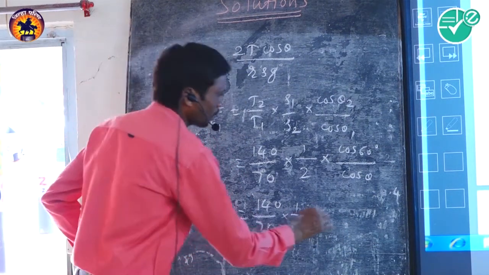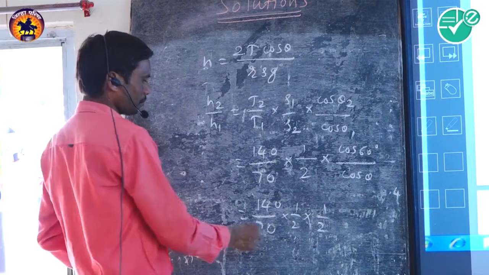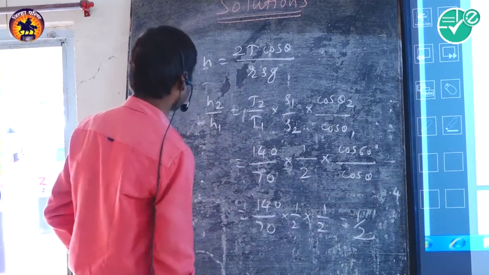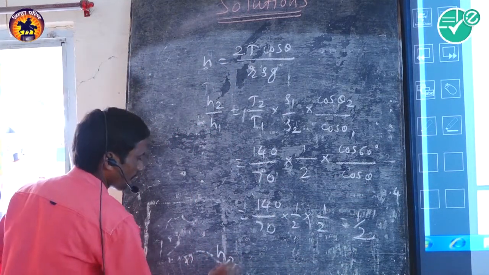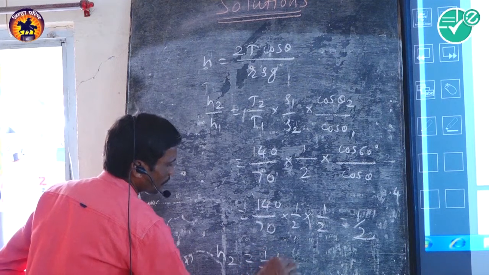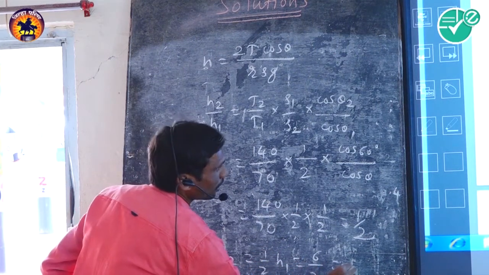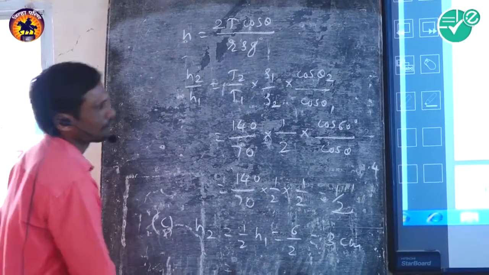Here cos 60 is 1 by 2 and cos 0 is 1. So we get H2 is equal to 1 by 2 H1, and H1 is given as 6, so 6 divided by 2 is 3 centimeter. It means option C is correct.